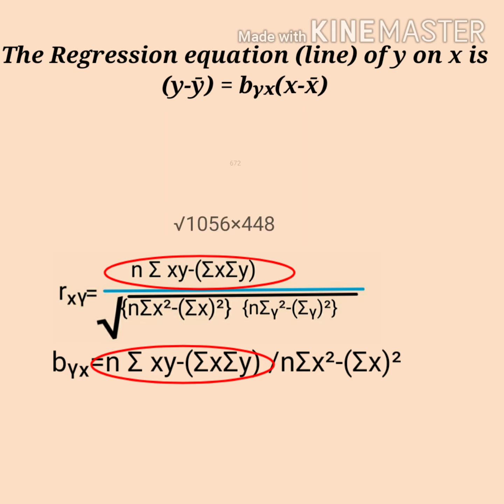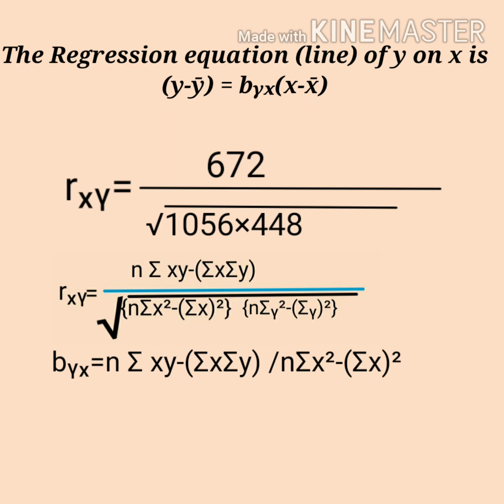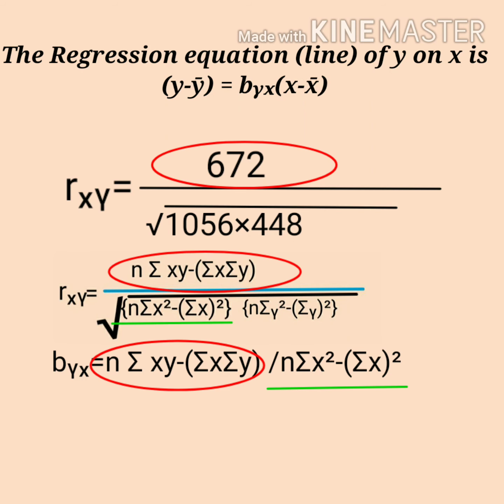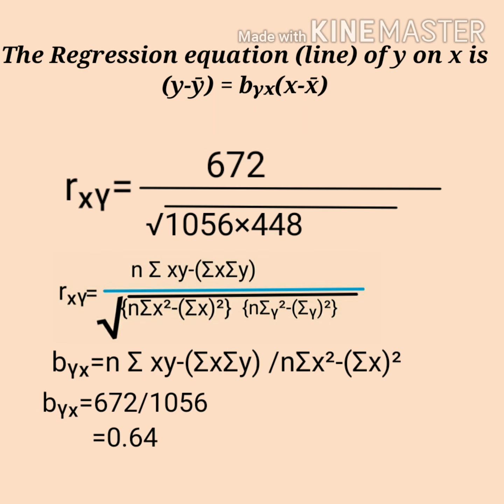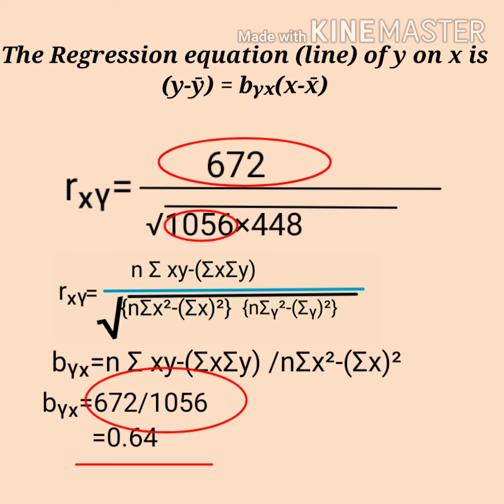So at the time of calculating rxy, we got the value of the numerator, that is 672, and the value of the denominator portion, that is n into summation x square minus summation x whole square, is 1056. Now in the next step, I just put the value of numerator and denominator, that is 672 divided by 1056, and I have got the value of byx, that is 0.64.